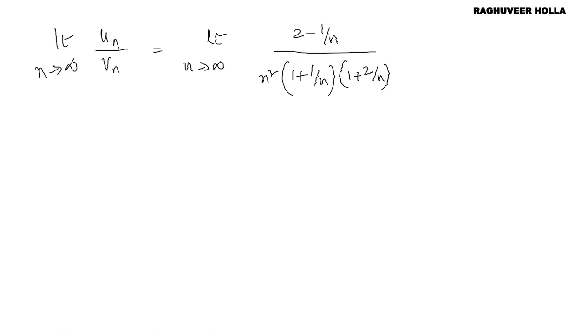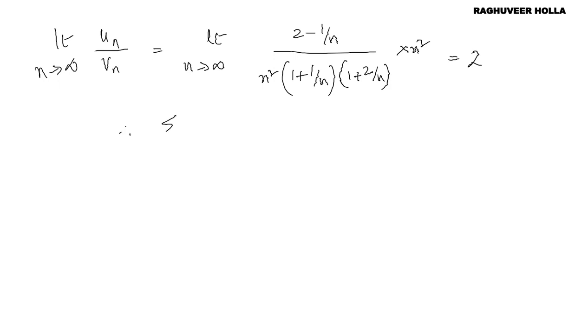Okay, so this is multiplied into n square. Now you can see the n square gets cancelled, and as n tends to infinity, 1 by infinity is 0, so this results to 2.